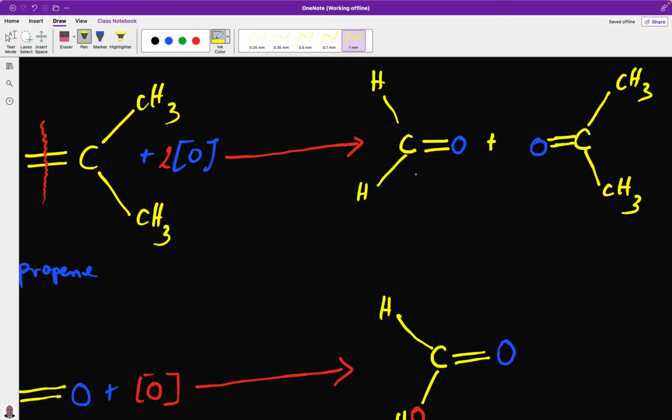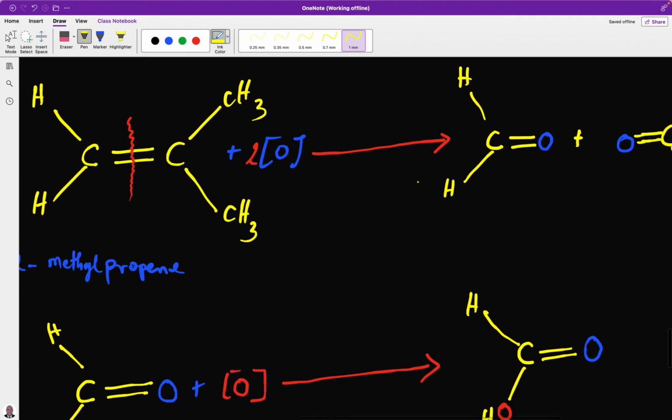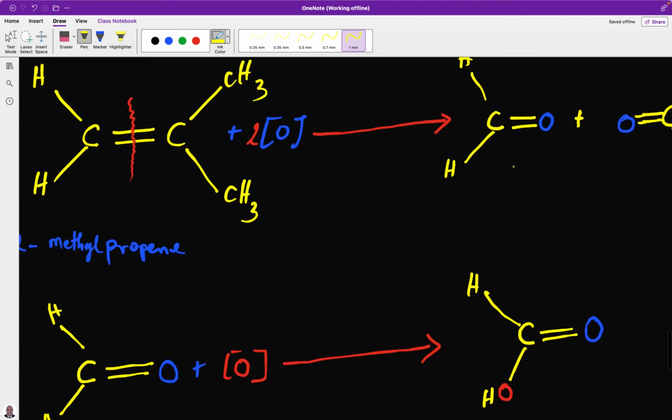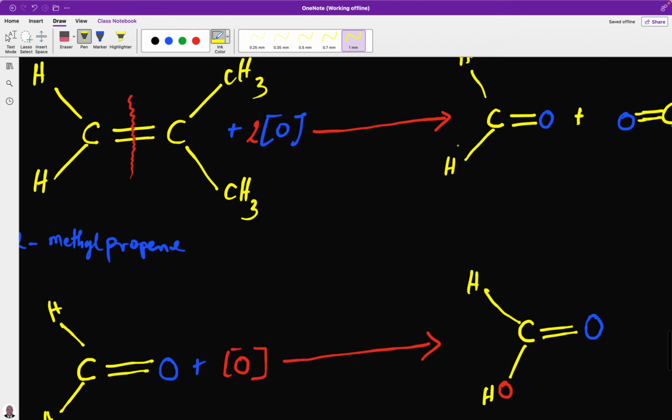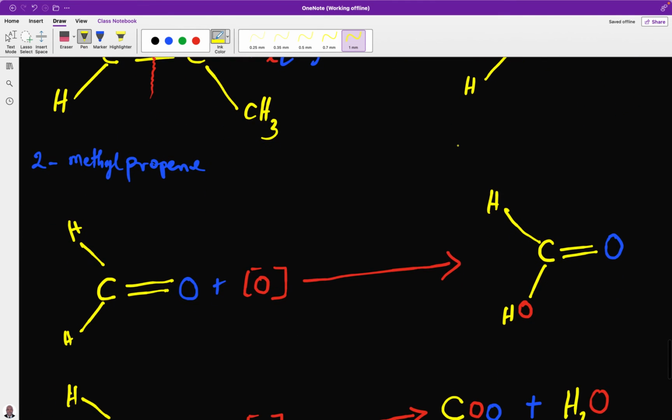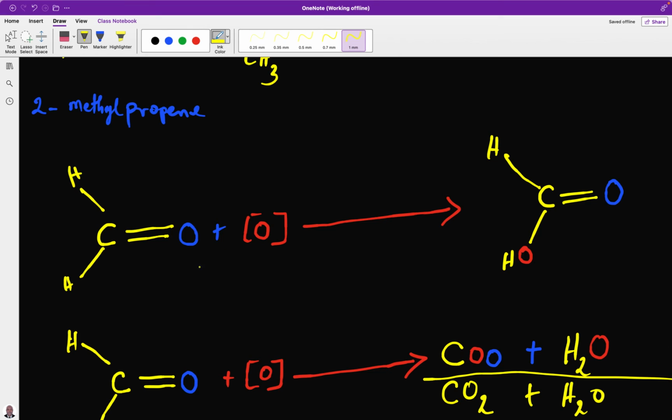Now this other molecule is here. This is not the final molecule. This molecule will not remain like that because it has hydrogen there. For that purpose, this is the molecule. It will undergo further oxidation to form this. This molecule again, it will not remain like that because there is a hydrogen there. Because there is a hydrogen there, it will still undergo further oxidation.